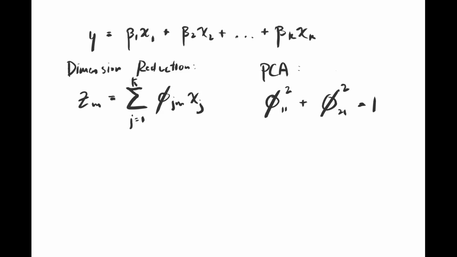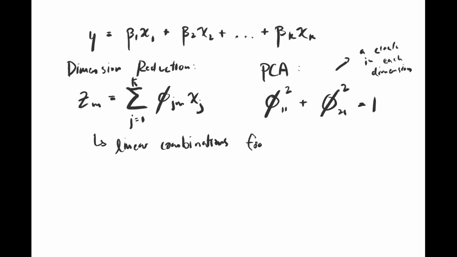So it's a circle in each dimension. So these are linear combinations from X going to Z.